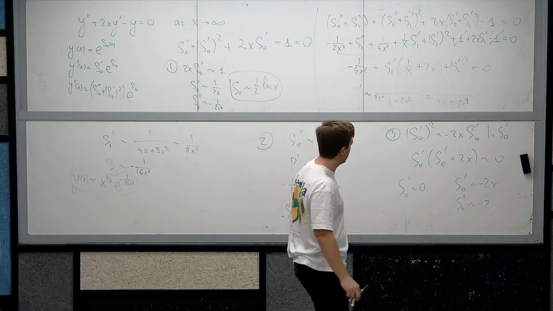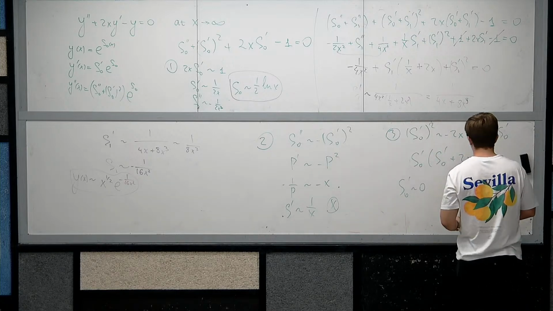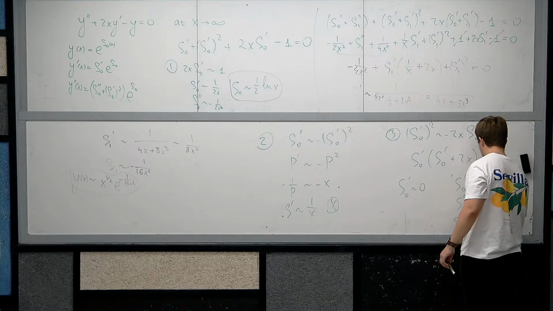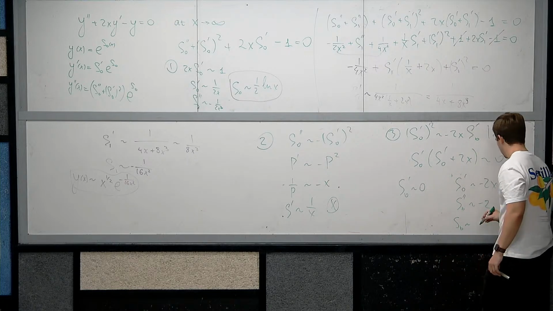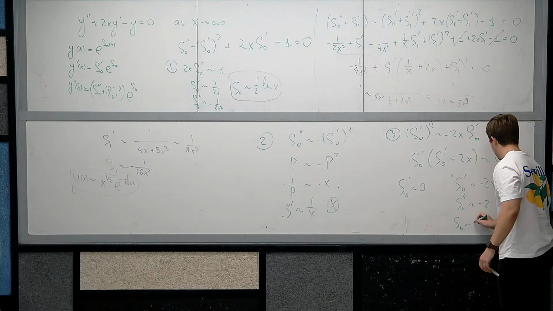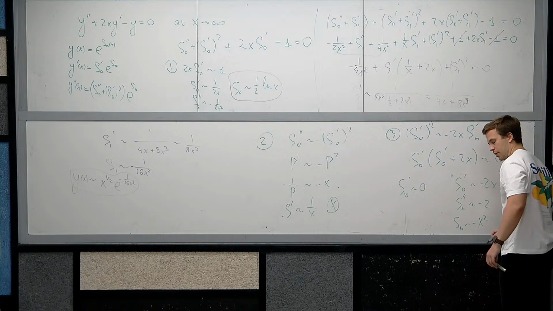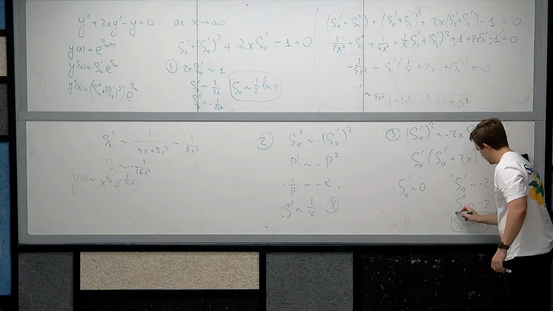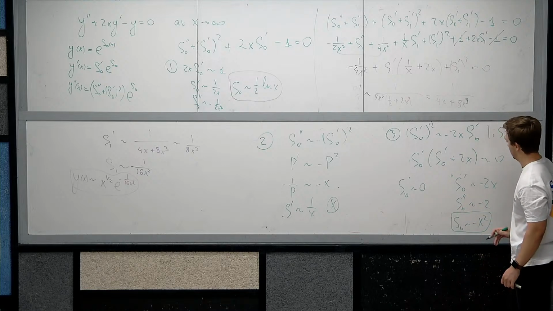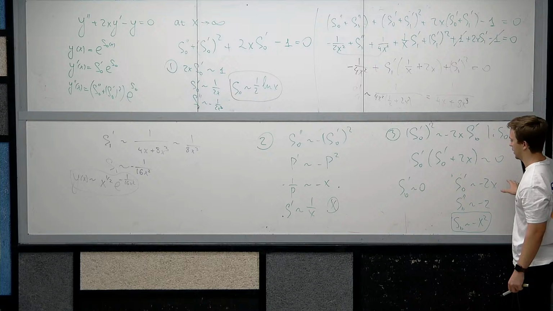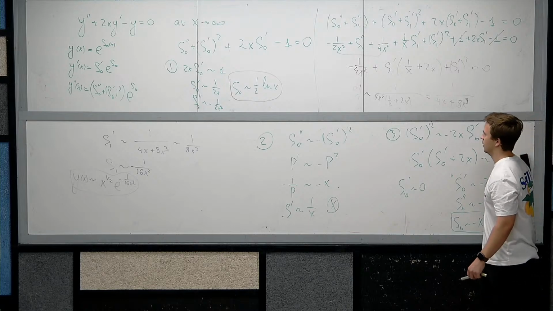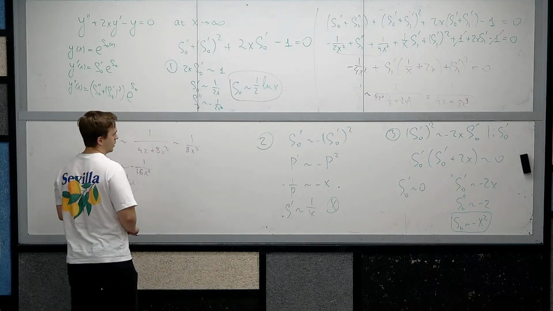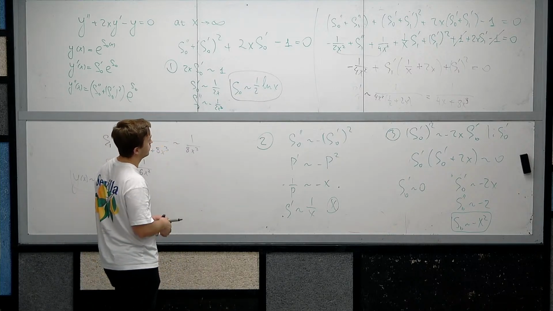Okay. Then S naught goes like minus x squared. Okay. So this is the second solution we were just in the middle of obtaining. Okay. Then we need to do the same, right?